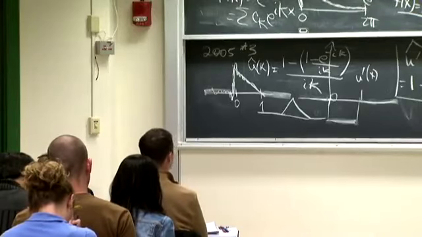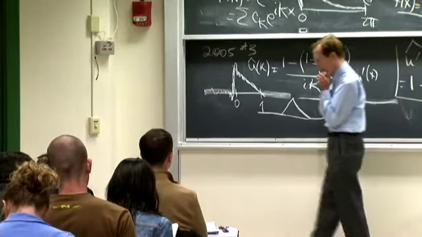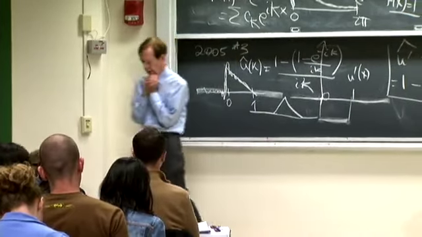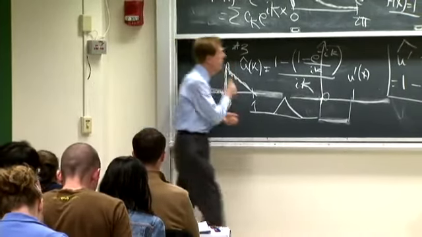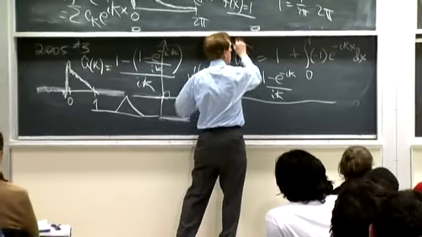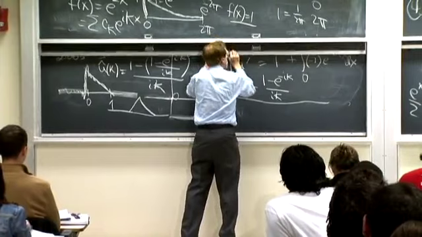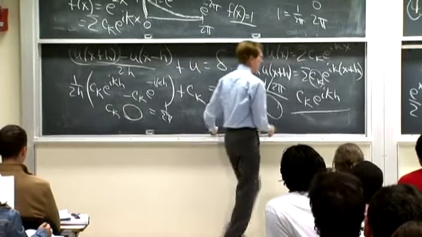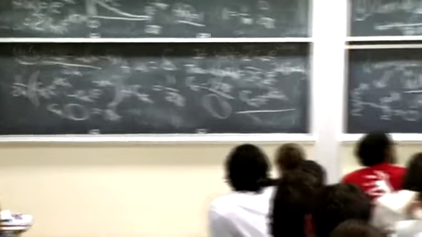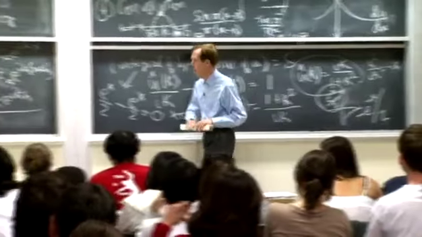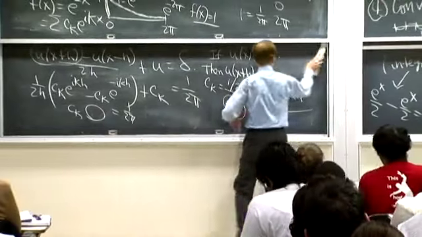Let's see. What should I do with cyclic convolution? I better make a little space anyway. Anybody got a suggested problem for cyclic convolution?